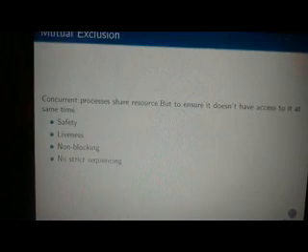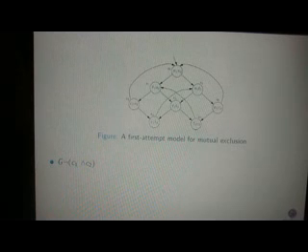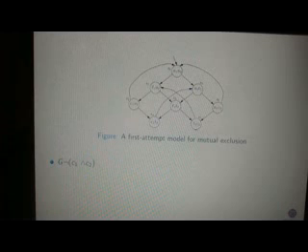Now, in the diagram, the first attempt model for mutual exclusion, we have two processes, each of which is in its non-critical state N, or trying to enter its critical section T, or in its critical section C. Each individual process undergoes transitions in the cycle N to T, T to C, and C to N, and so on.